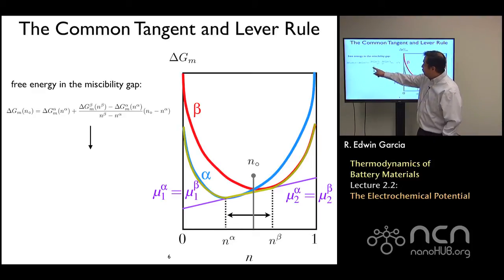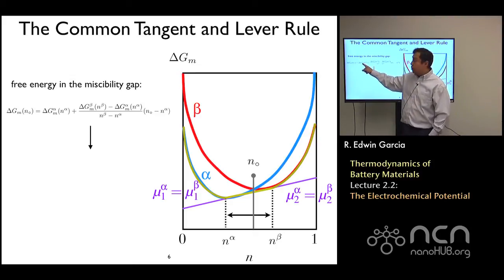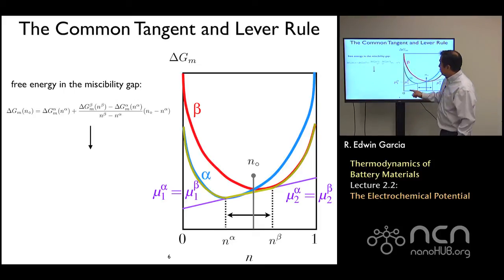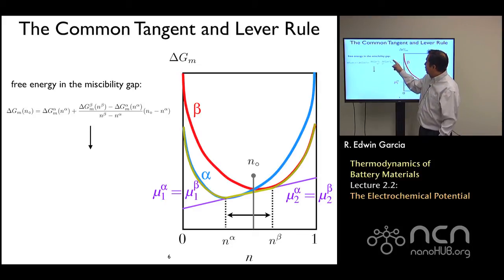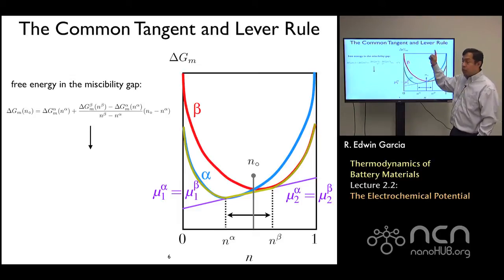Again, since we know what the free energy is in that curve until that point, then we can calculate it directly by specifying the composition of the solubility limit and the free energy of the alpha phase. And then we can make a correction from N alpha to N naught by calculating basically a linear correction along this regime, just like we did on the previous slide.